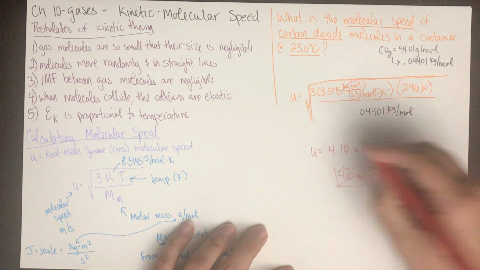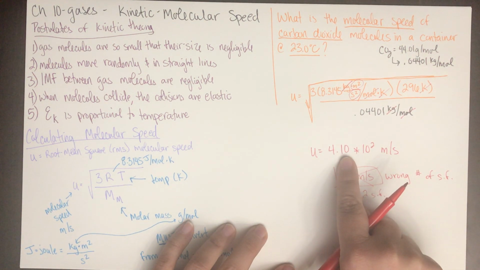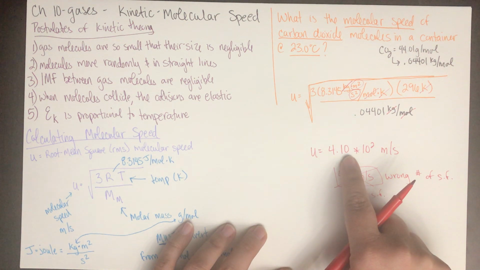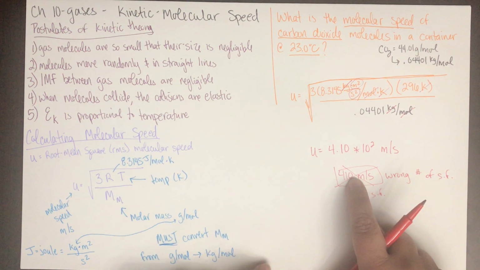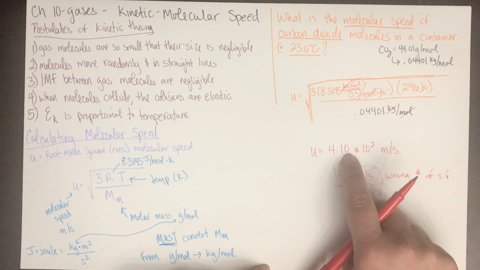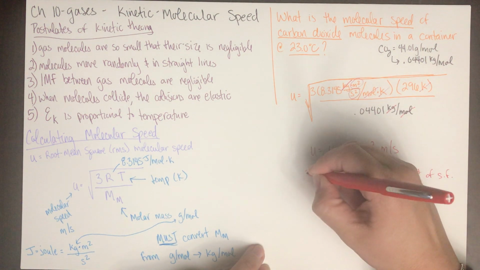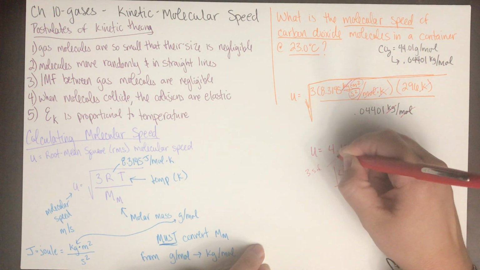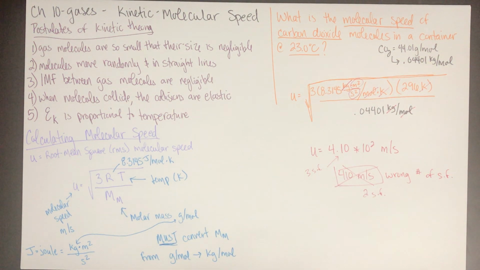This number only has 2 significant figures. When you put it in scientific notation, all of these numbers are significant. This 0 at the end of a number is not significant. This 0 after a decimal place is significant. This number has the correct number of significant figures. This would be the correct answer. 4.10 times 10 to the second meters per second.